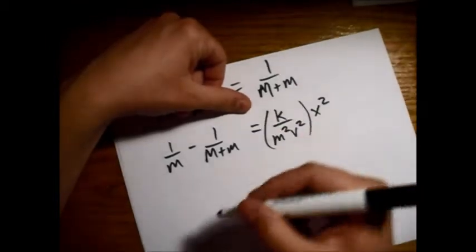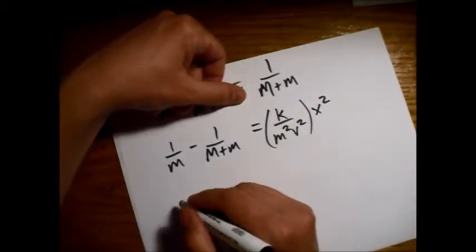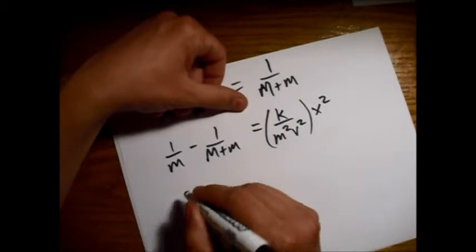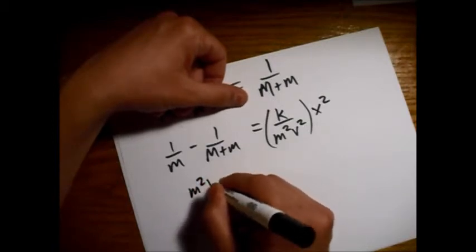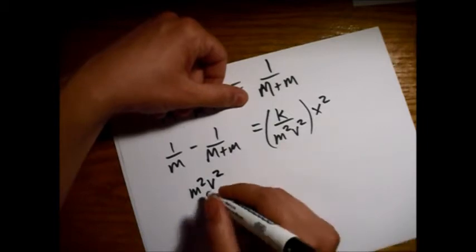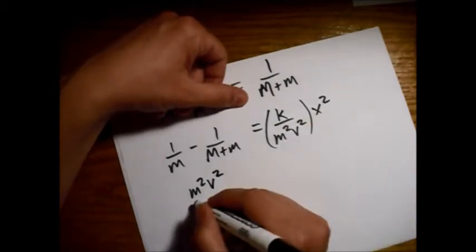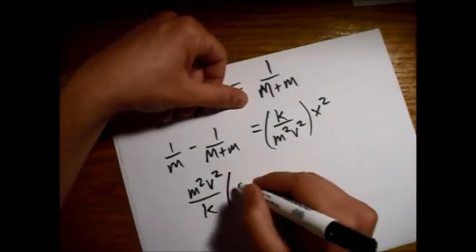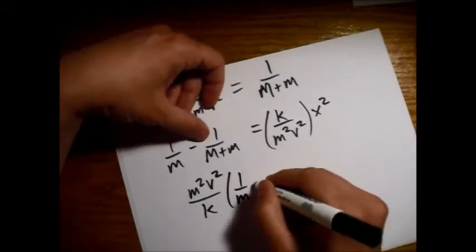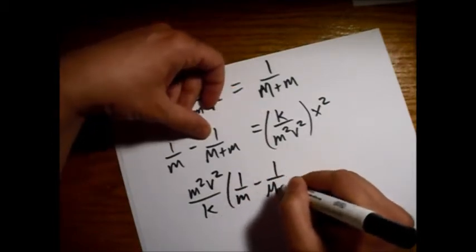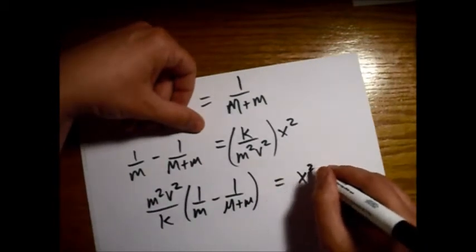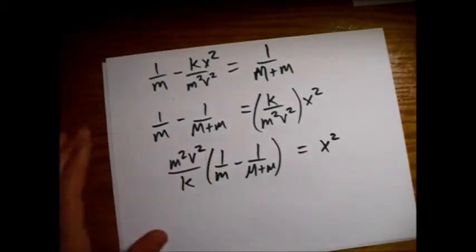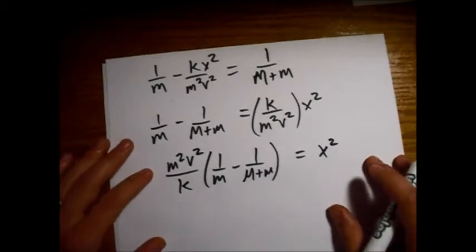Okay, so we just have to multiply this over, and essentially we're good. So that's on top, we have a k on the bottom, then we have this 1 over little m minus 1 over big M plus little m. Okay, so you can pretty much just take the square root right now.